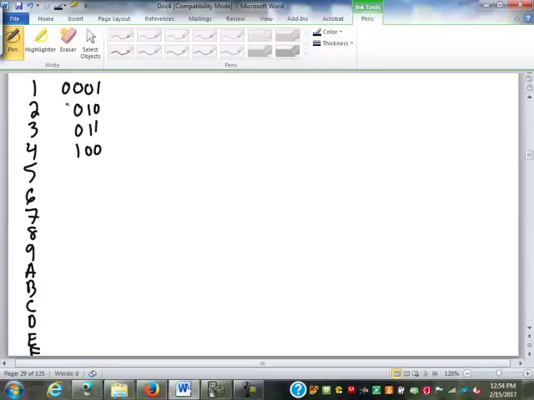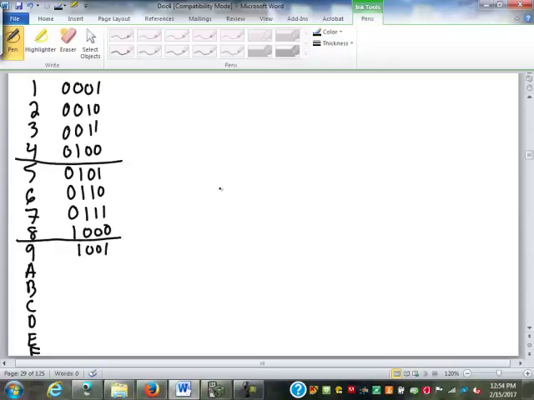I've got to add the 4th digit in front of that. 5 is 0101, 6 is 0110, 7 is 0111, 8 is 1000. 9 is 1001, 10 is 1010, 11 is 1011, 12 is 1100, D is 1101, E is 14 is 1110, and 15 is 1111.